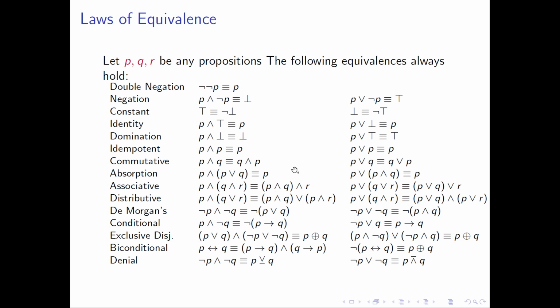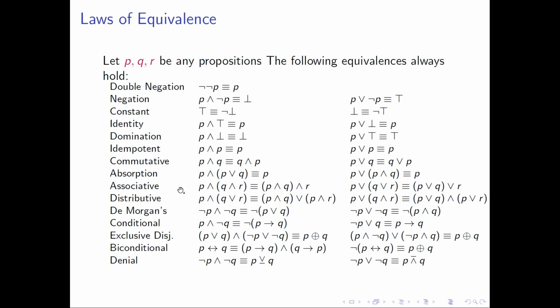Absorption tells us that when we have an extra clause or an extra term here, what we have on this right hand side doesn't give us any more information than what we already have. So they get absorbed, in this case, into P.